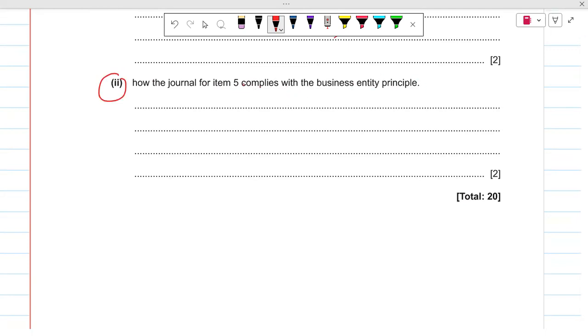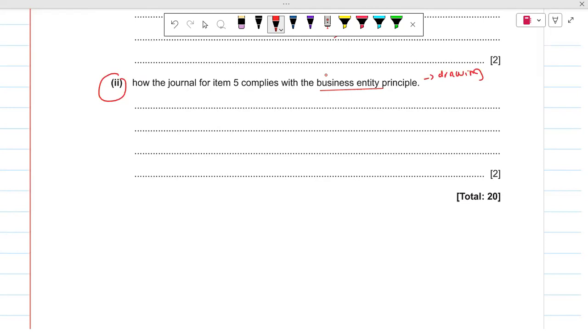So item 5 was about the drawings. A business entity basically means that the owner has a separate identity, and the business has a separate legal identity. So whenever the owner is investing money from his own bank into the business, we will credit the capital and debit the bank balance of the business.